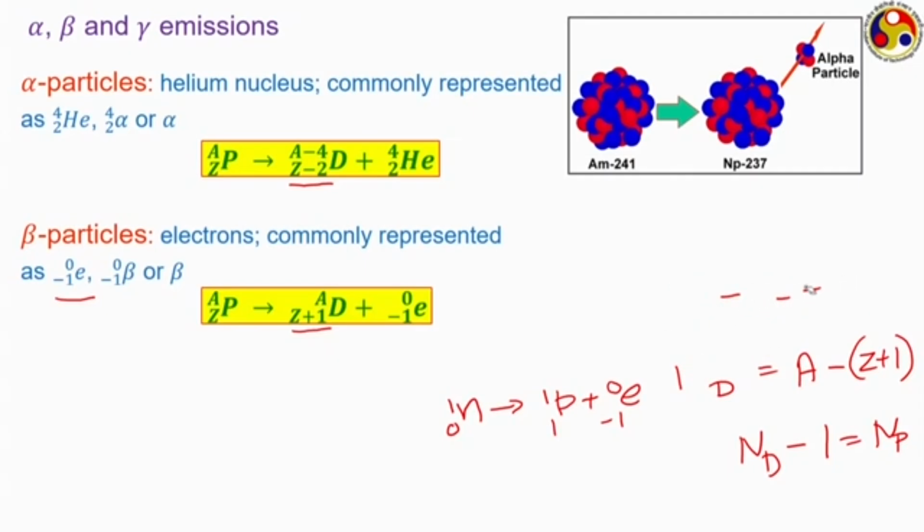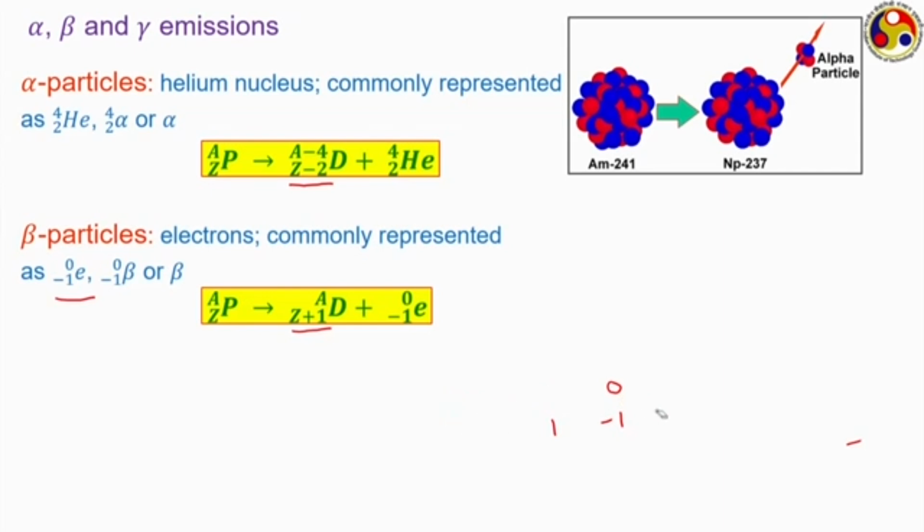The proton is used to increase the atomic number of the daughter by a unit, whereas the electron goes out in the form of the beta particle. However, the mass number of the daughter remains unchanged, because while the number of neutrons has reduced by 1, the number of protons has increased by 1.